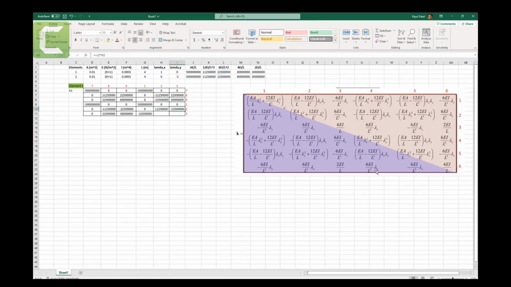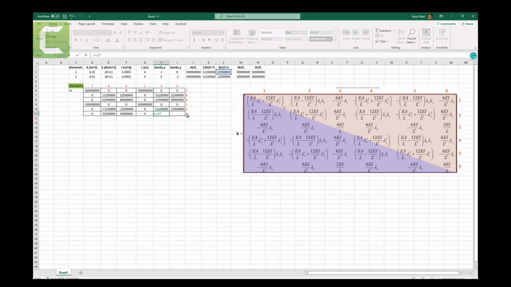And 6 EI on L square lambda y. So here, lambda y, and that should not be minus. Okay, so that's all good. The last one equals minus 6 EI on L square, 6 EI on L square.